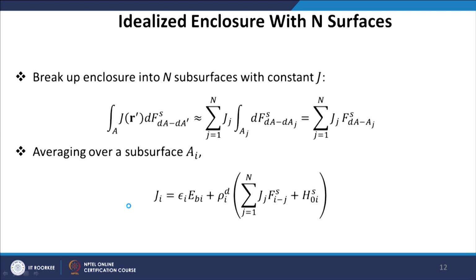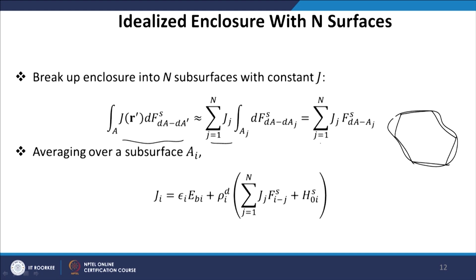Again, as we did in the previous cases of diffuse black and gray enclosures, we divide the enclosure into a number of finite area flat surfaces. So, the integral can now be converted into a summation. So, j is equal to 1 to n, we have divided the enclosure into n surfaces.